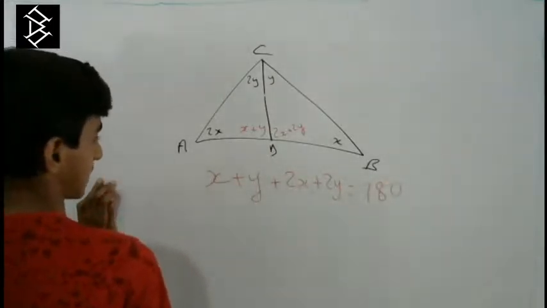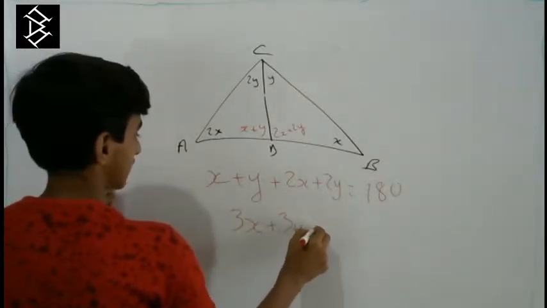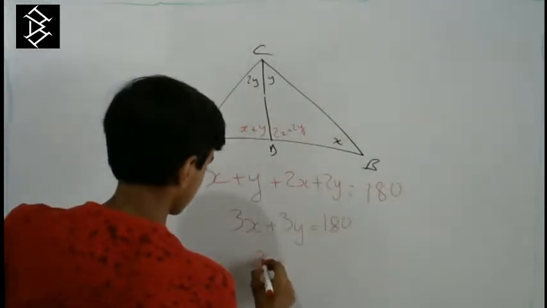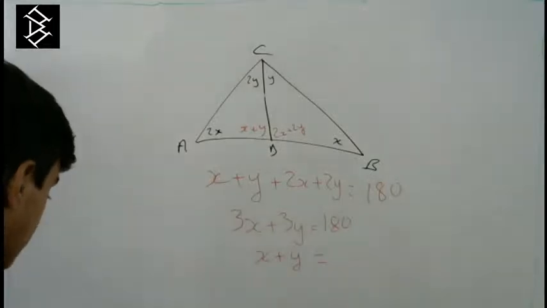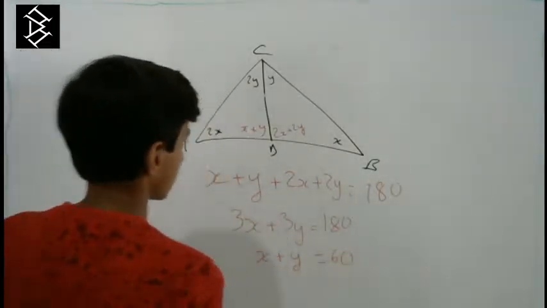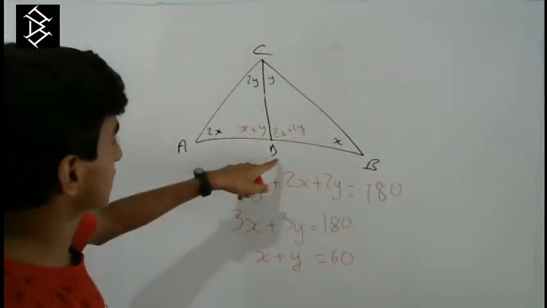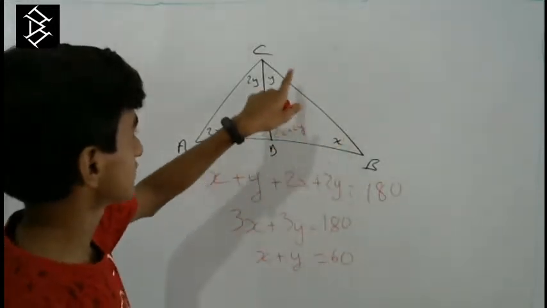So we'll get 3x plus 3y equals 180. So we know x plus y equals 180 divided by 3, that is 60. So we have to find the measure of angle DCB plus the measure of DBC.